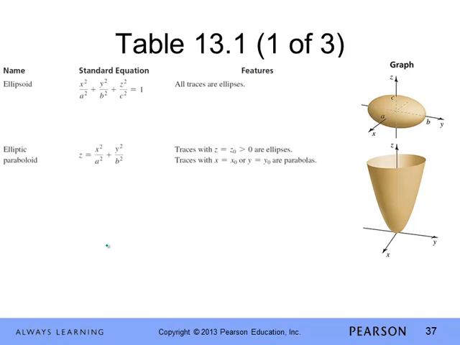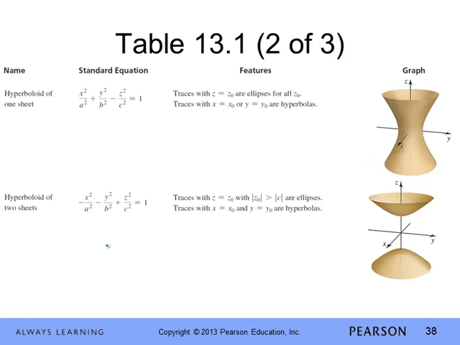There's your elliptic paraboloid here with this form of the equation. Of course, you can swap the x with the y or the y with the z or whatever. So you could have your paraboloid oriented along the x-axis, along the y-axis, or even at some angle if you want to, but that's just the general form.